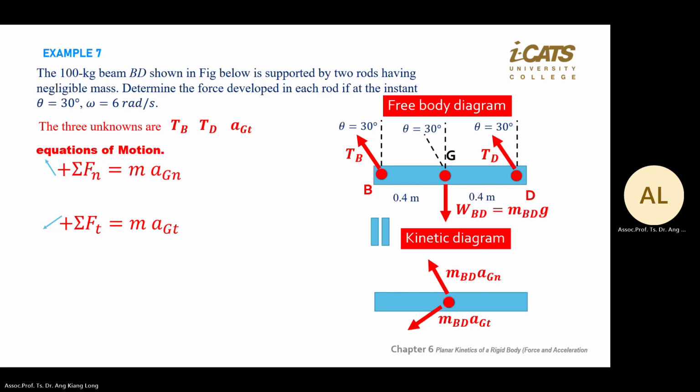And you pull the moment equation: moment in the free body diagram equals the kinetic moment in the kinetic diagram. This K represents kinetic, meaning you refer to the kinetic diagram. So you have these three equations, then solve simultaneously.